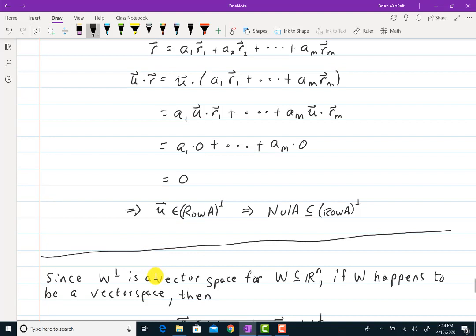Since I showed subset both ways, together this implies that null A equals row A perp. The other part of the theorem, I'll leave it to you. You can pretty much follow exactly what I did to do it.